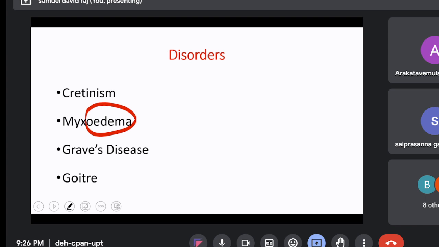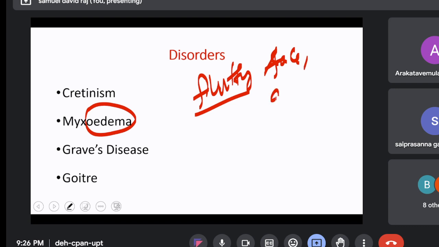So large quantities of this myxomatous tissue, where there is edematic swelling of the tissues, result in a fluffy face and arms and thighs, so that the entire body seems somewhat swollen.